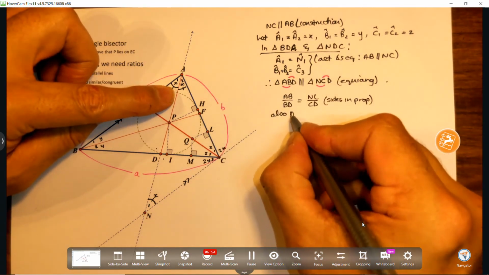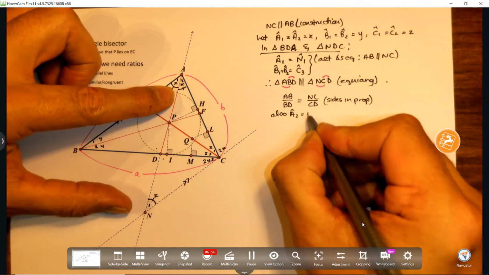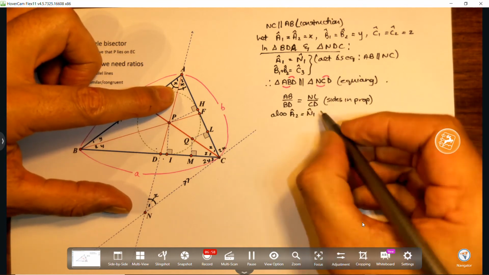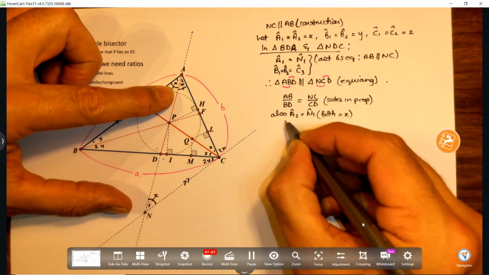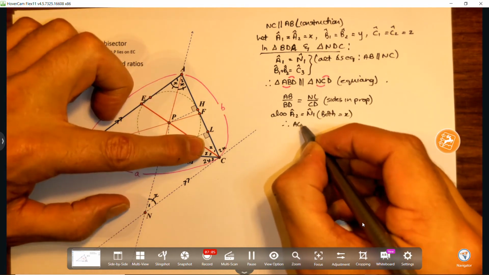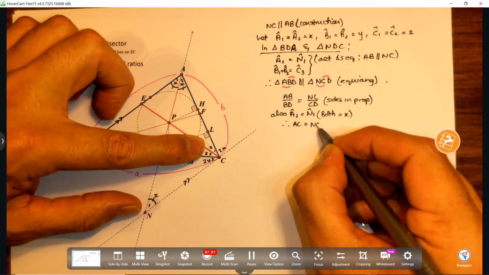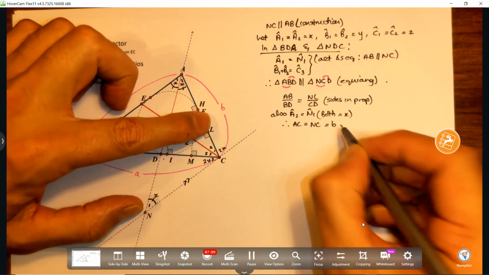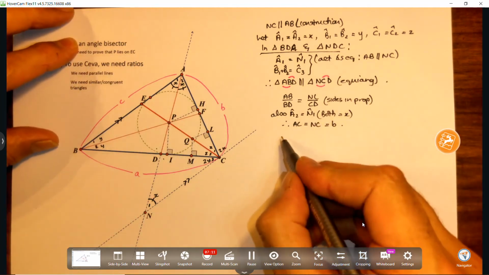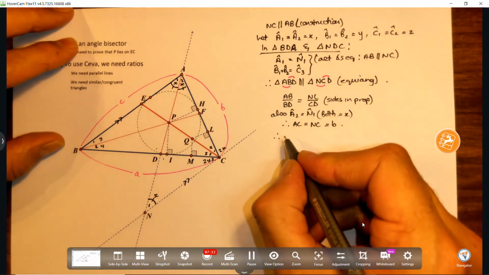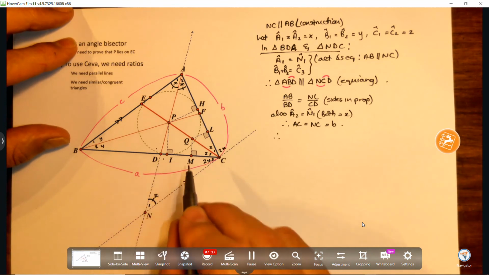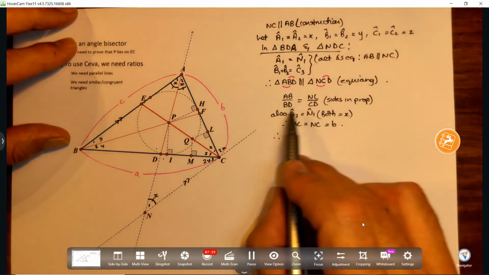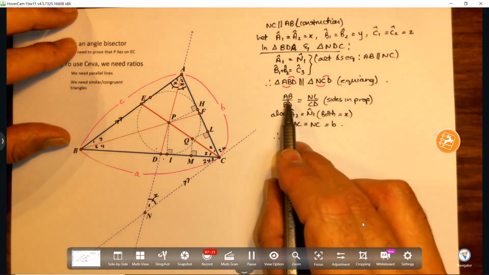A2 is equal to N1. They both equal X. So therefore the side AC is equal to the side NC and is equal to the letter B. Okay, so what do I have now? I have that BD over DC is what I want to get to eventually. So let's get AB in.